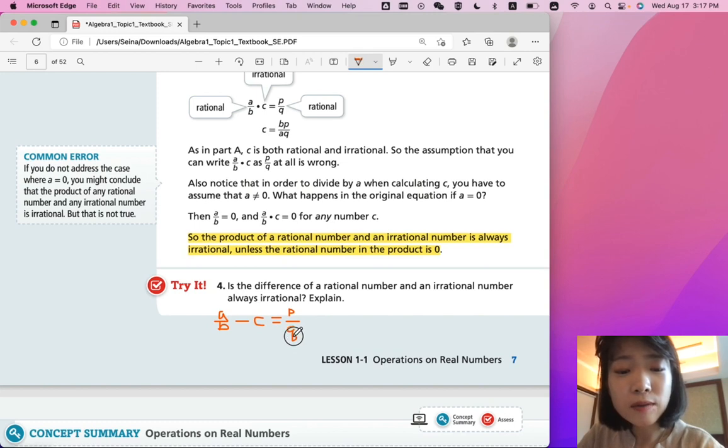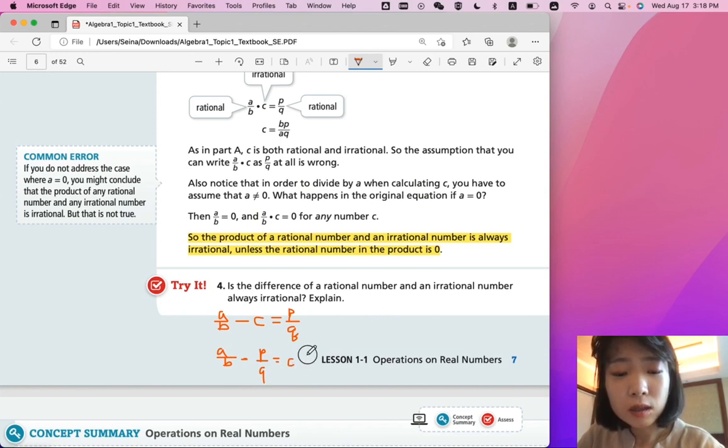And if it contradicts, then our assumption might be wrong, and we can say that it's always going to be an irrational number, right? So then you solve for c. If you add c on both sides and subtract p over q on both sides, you get a over b minus p over q, which is equal to c.